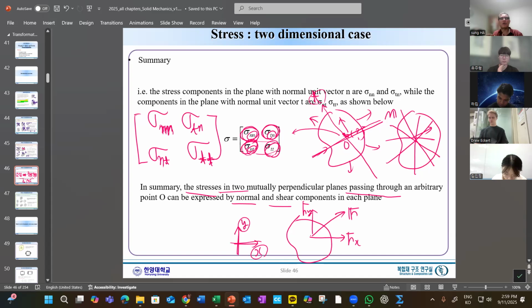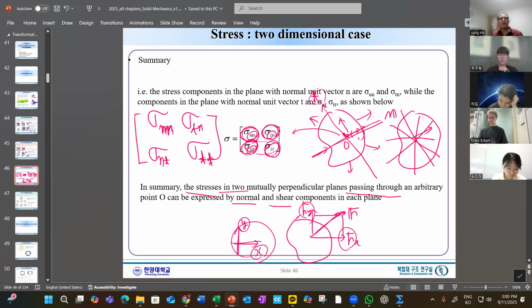This is a Cartesian coordinate. To represent this force F, we define the Cartesian coordinate, a perpendicular coordinate, and then we decompose it into fx and fy. This is the conventional way of defining a vector, right?